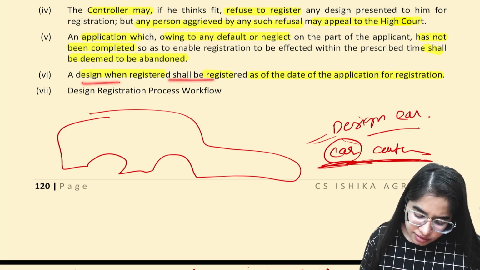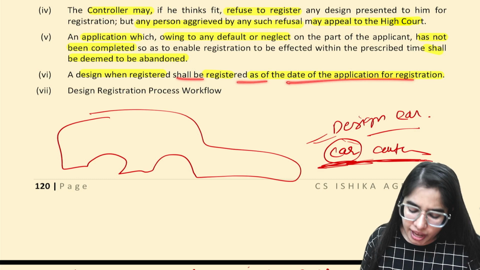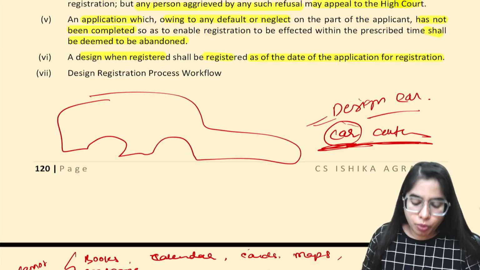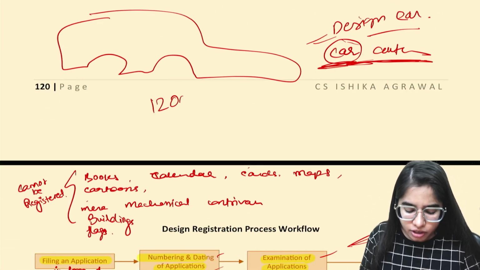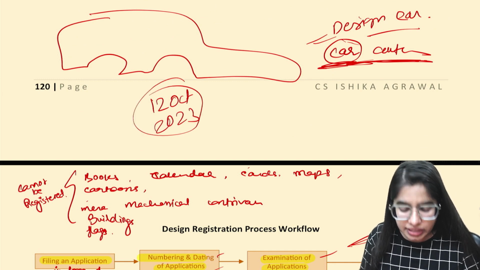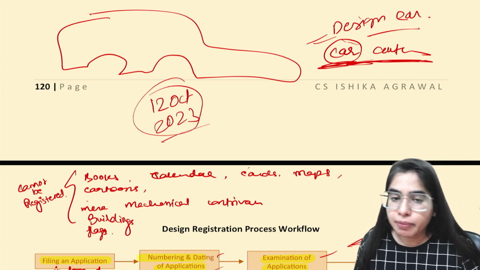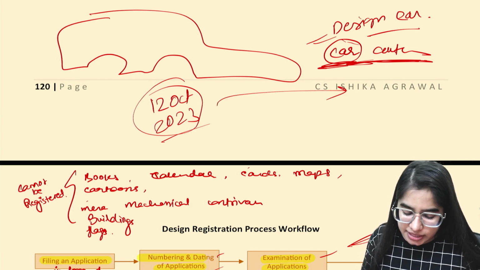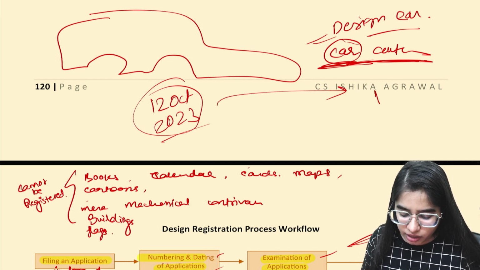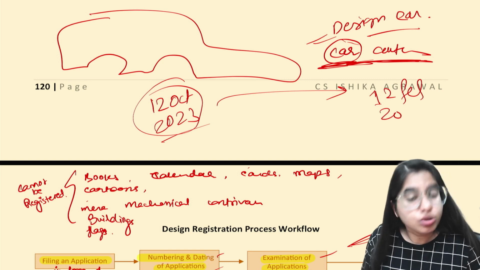Next, a design when registered shall be registered as on the date of the application. For example, let's say I applied on 12th October 2023 for a design, but my design got registered on, let's say, 12th February 2024.